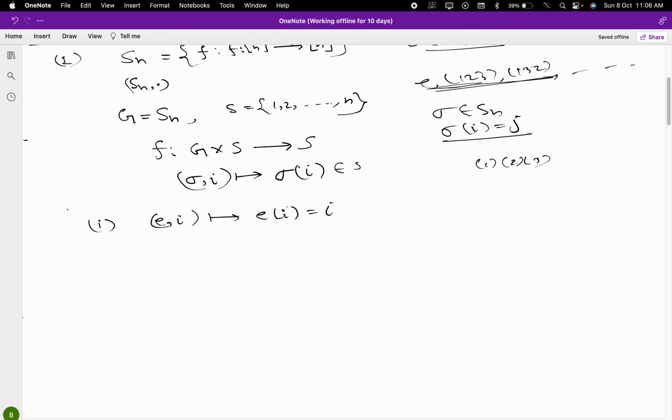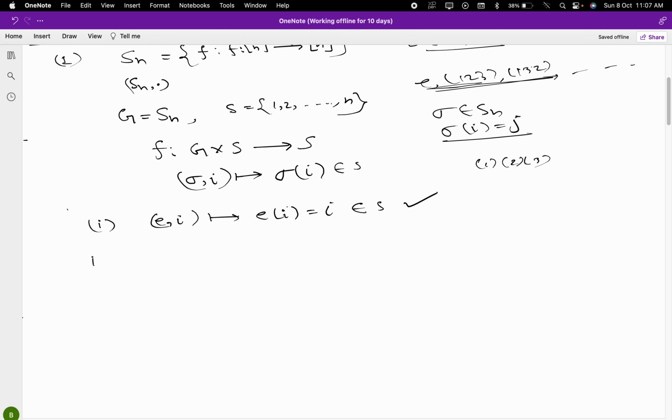So e of an element small s goes to small s, which is an element of S. So the first property is satisfied. e dot i is i because it is the identity element of Sn, and identity fixes every element, whatever element you take.